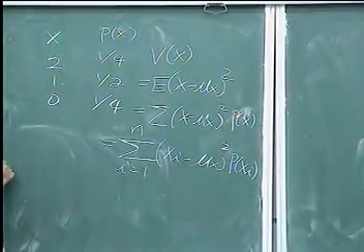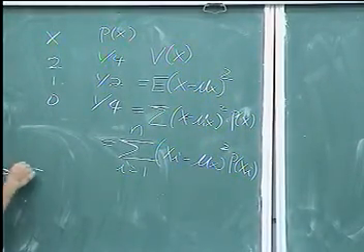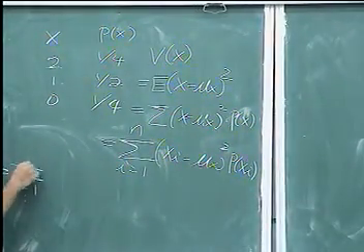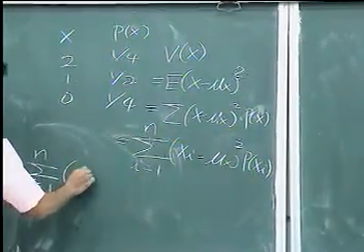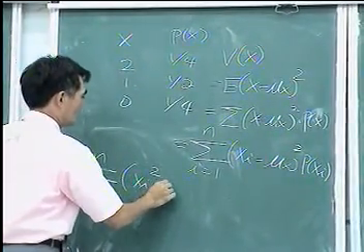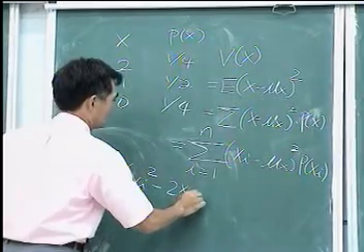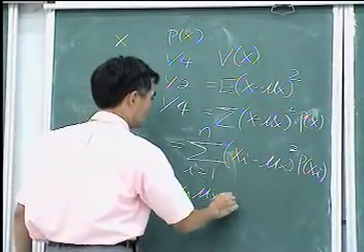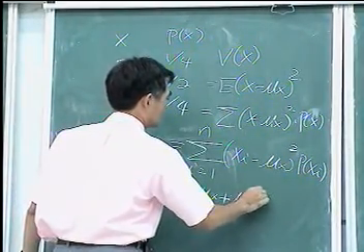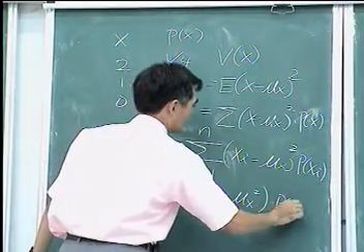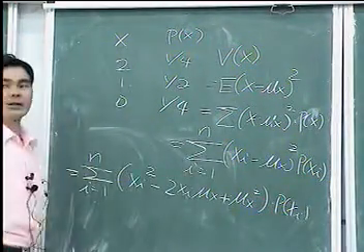This will be the summation from i equal to 1 to n of (xi squared minus 2 xi mu x plus mu x squared) times p(xi). Any questions so far?